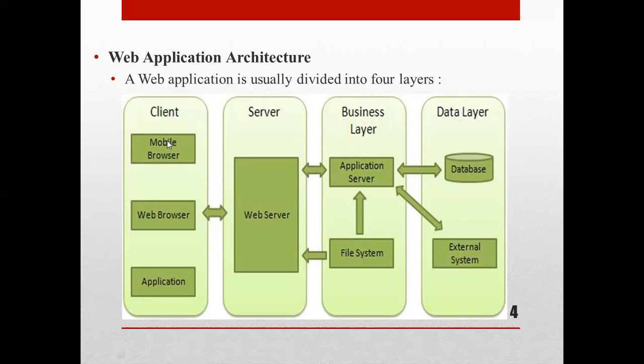Whenever the user or HTTP client sends the HTTP request to the web server, that request will be processed in the server, and data is fetched from the database in the data layer. These are the four layers of web application: client, server, business layer, and data layer.